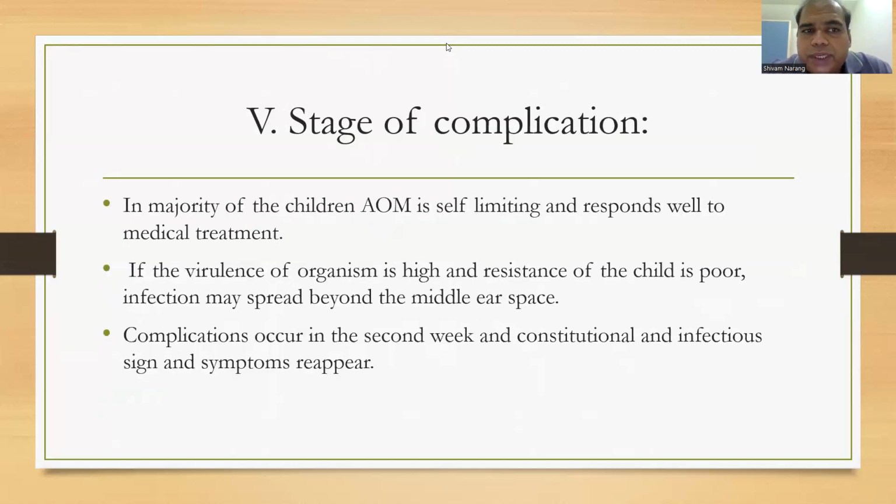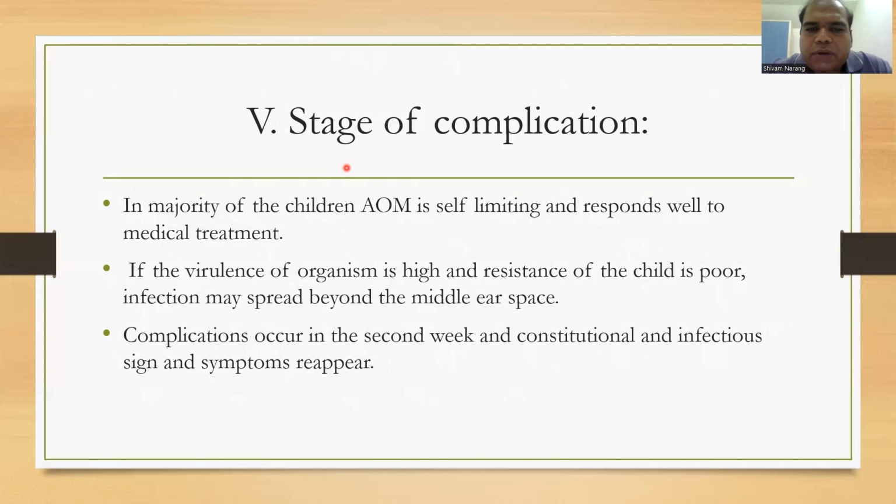Now, the stage of complication. If the patient is not treated as the symptoms have resolved, then the patient can go into the stage of complication. In the majority of children, acute otitis media itself is a self-limiting condition and responds well to medical treatment, but if the virulence of the organism is high and resistance of the child is poor, the infection may spread beyond the middle ear space.